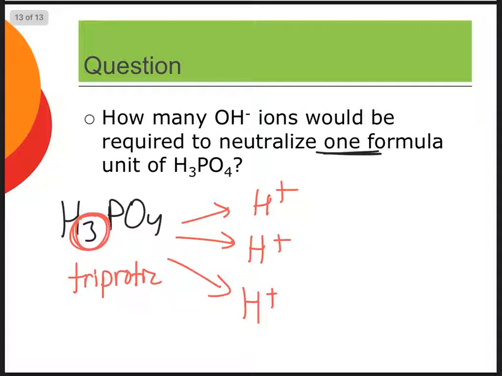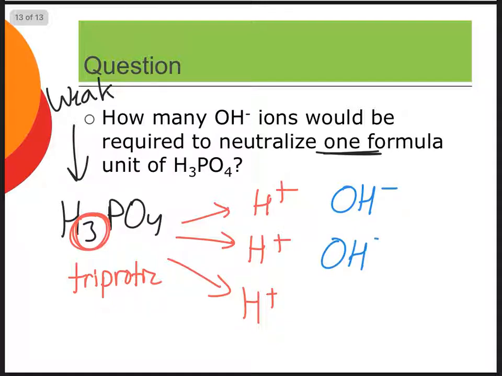It will ionize 3 times, and from what we know, we can write 3 ionizations, or 3 Kas, because this is what we learned, this is a weak acid. But that's besides the point. The question is, how many OH- ions are required? Well, 3 OH- ions will be required.